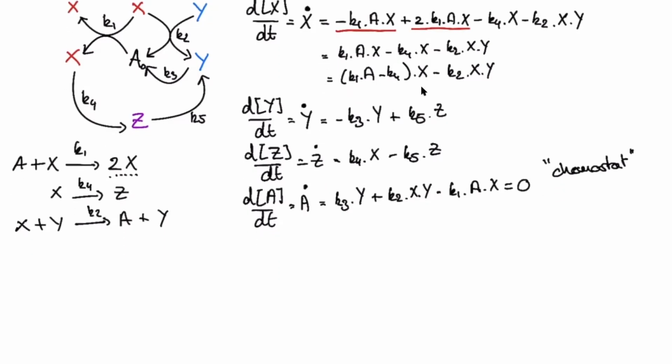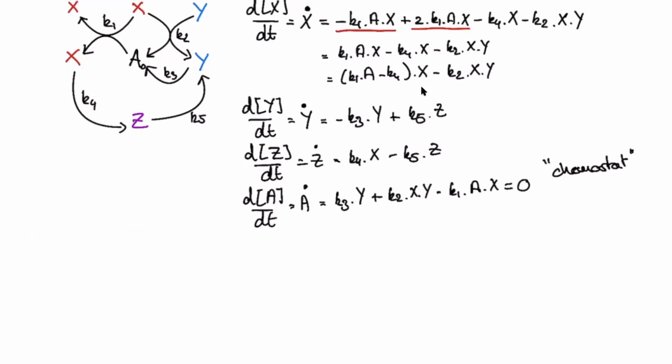Okay, so let's look at the steady state. I don't need this, it was just a repetition of some parts of the network. Let's say this network on average stays at steady state.